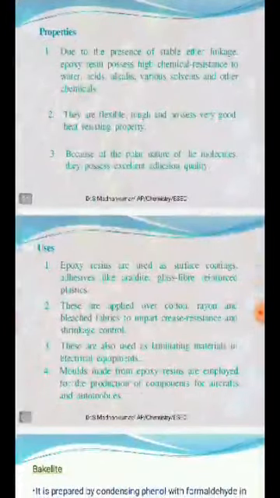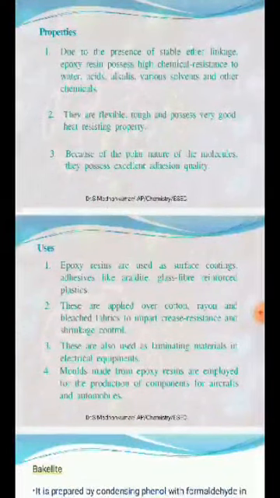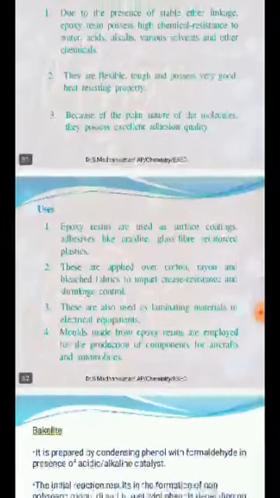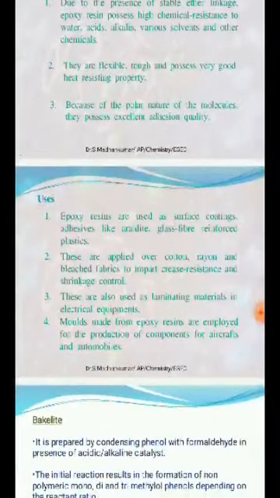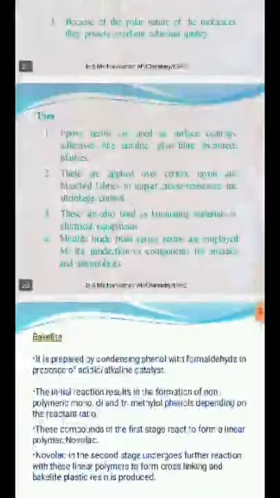Uses: epoxy resins are used as surface coatings, adhesives like Araldite, and glass fiber reinforced plastics. These are applied over cotton, rayon and bleached fabrics to impart crease resistance and shrinkage control. Third, these are also used as lining materials in electrical equipment. Molds made from epoxy resins are employed for the production of components for aircraft and automobiles.